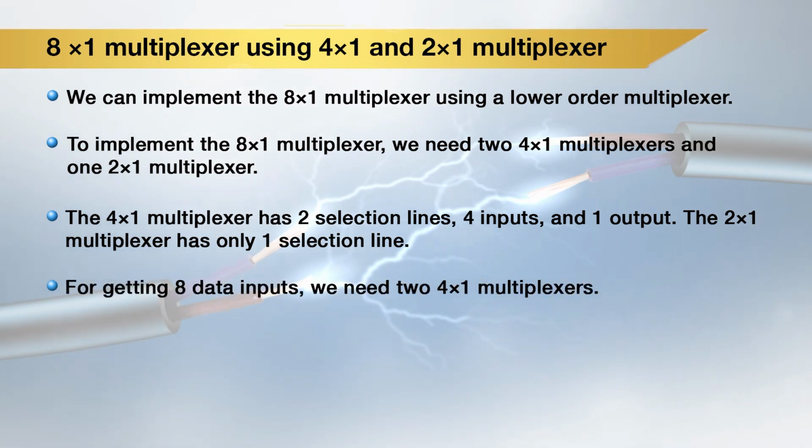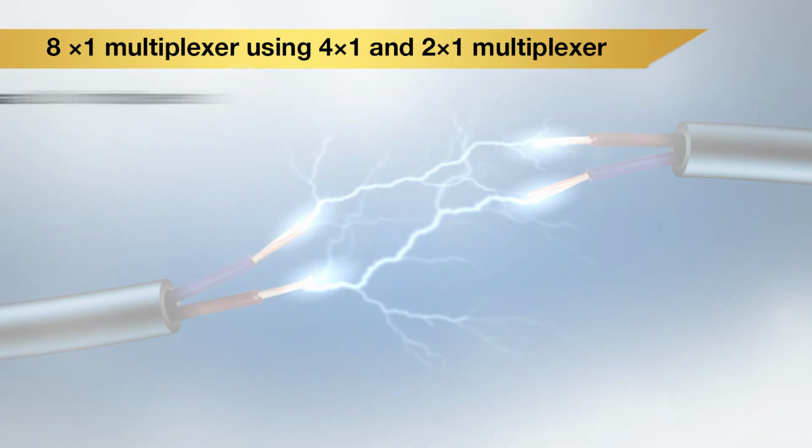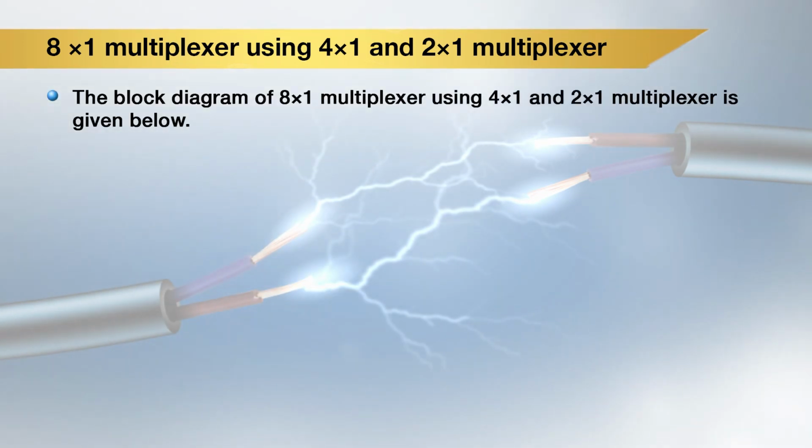For getting 8 data inputs, we will require two 4x1 multiplexers. Each 4x1 multiplexer produces one output, so in order to get the final output, we will need a 2x1 multiplexer. The block diagram for an 8:1 multiplexer using 4x1 and 2x1 multiplexers is given below.